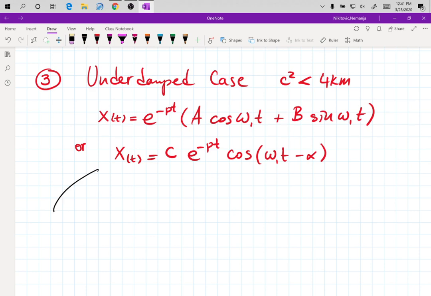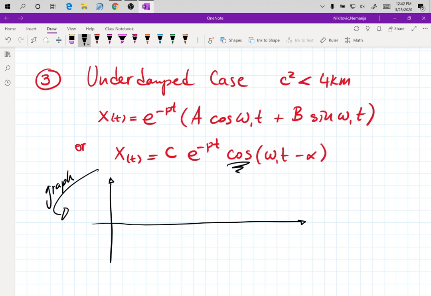If I am to draw the graph for this, I will draw the cosine graph which decays in time.